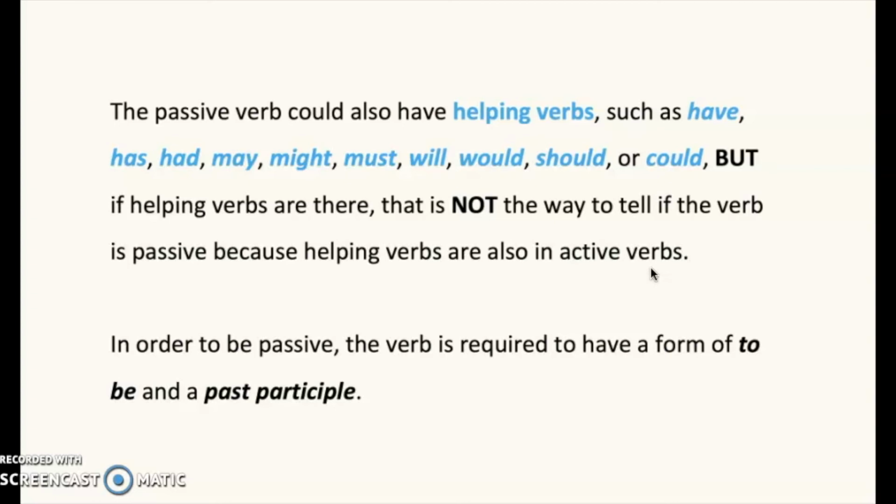So helping verbs are not indicators. In order to be passive, the verb is required to have a form of to be and a past participle. So don't mix these up with the form of to be. The form of to be is required and past participle.